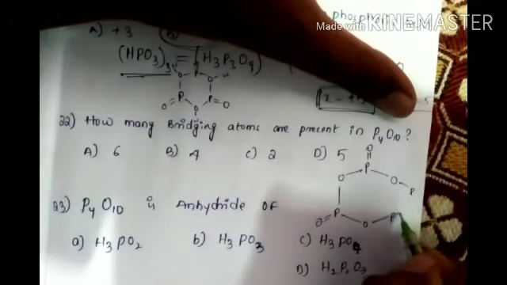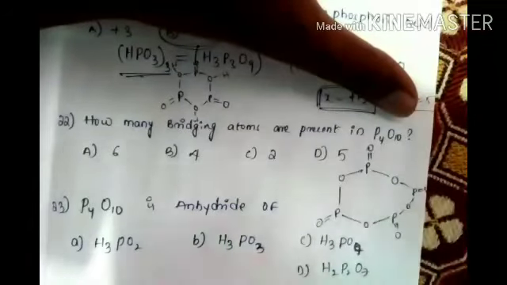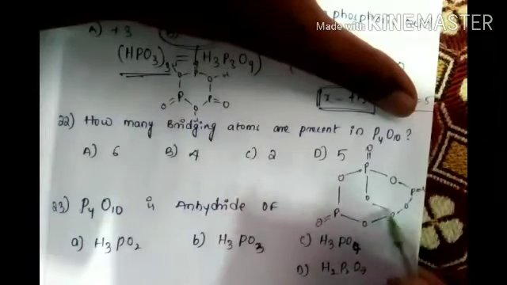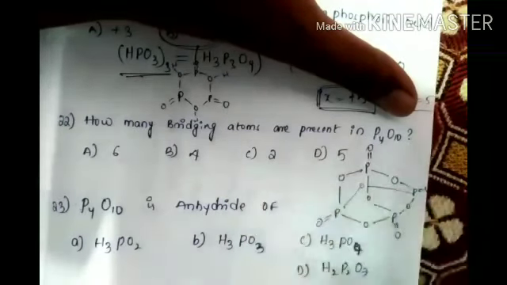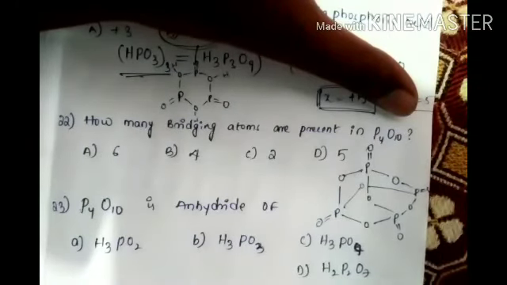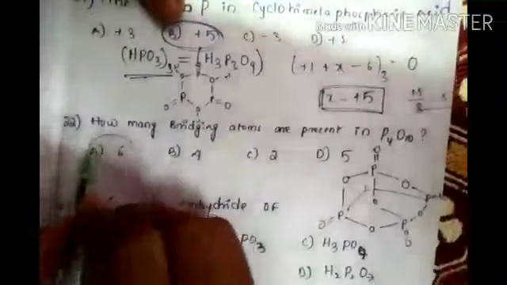O, P, double bond O. Right? Now this one opposite, O. And this one opposite, O. So 1, 2, 3, 4, 5, 6. 6 is the correct answer. So A.